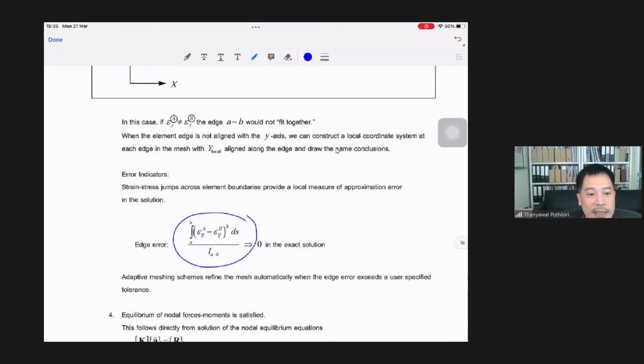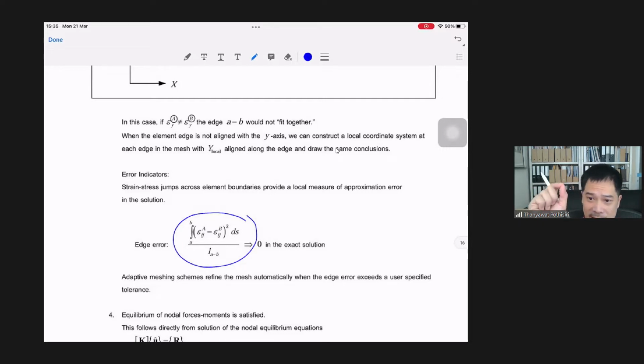This, in a way, gives you the strain jumps across element boundaries. So you observe jumps across certain boundaries, and you use these jumps to indicate the errors in your finite element solution.